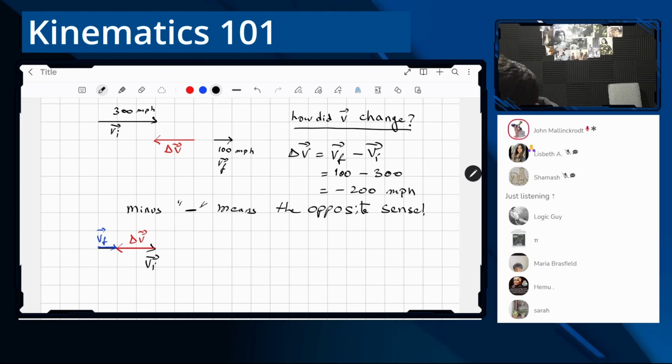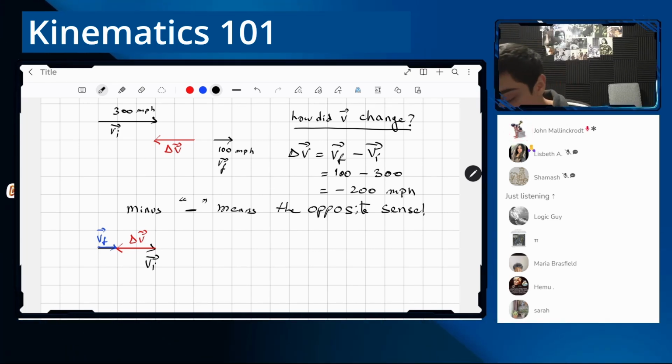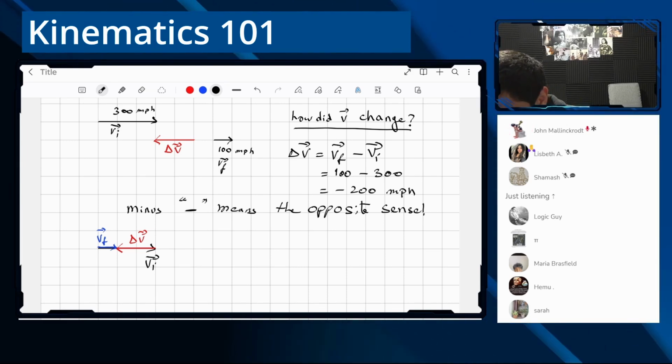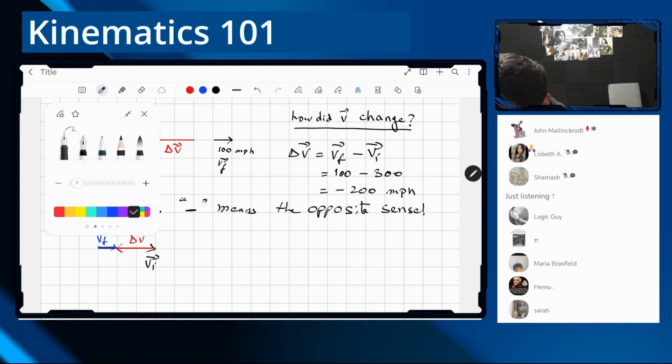You see how we start somewhere, we go 300 units to the right and then 200 units to the left, and we end up at a place that's 100 units to the right of our starting place. So that represents adding delta V to V initial to get V final. And you can see that the only way to do that is for delta V itself to be to the west.